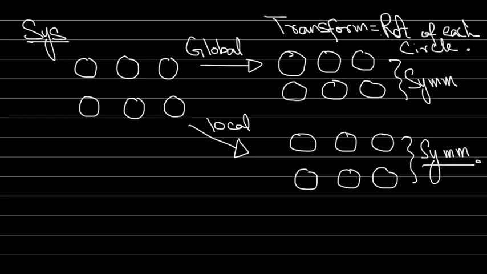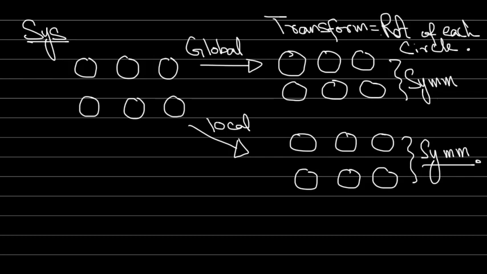Now, a point to note is that if a system is symmetric under a local transformation, then it is automatically symmetric under a global transformation. That is, if you can perform a local transformation and your system remains symmetric, then of course, if you perform a global transformation, that is for all of the points in your system, it is going to remain symmetric.